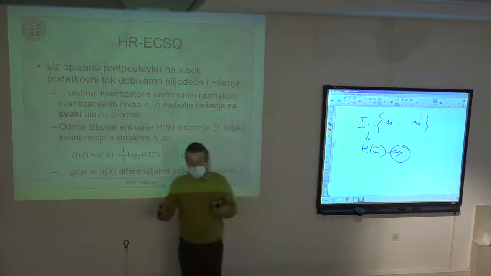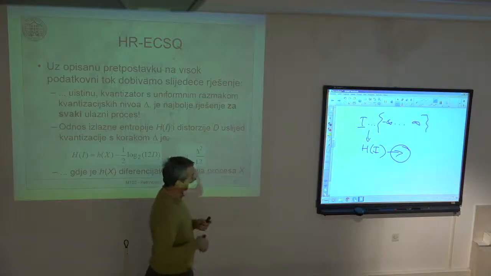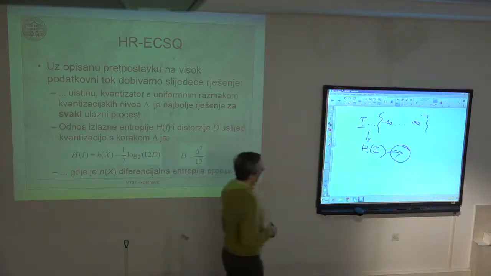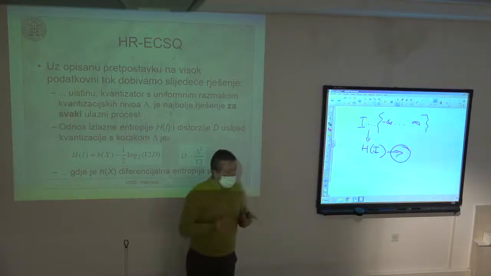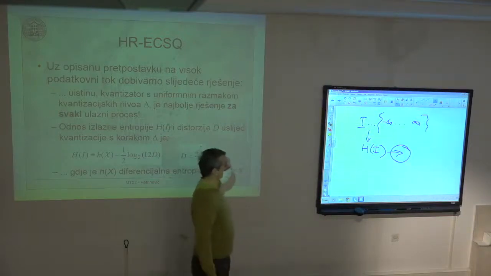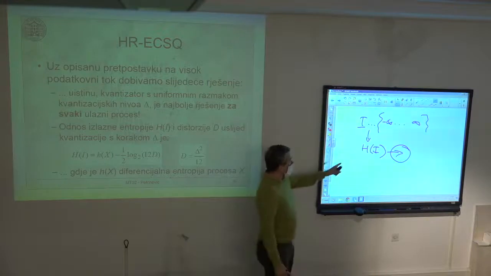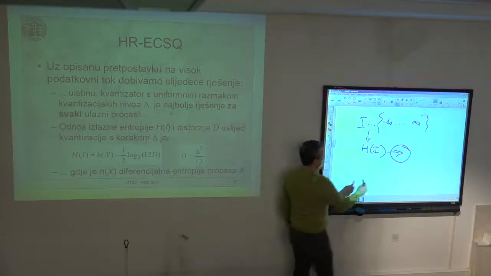In the two-dimensional case, it's a kind of regular lattice, a rectangular lattice or hexagonal lattice or whatever. You have some regular lattice. And then what you do, you have these indices corresponding to cell positions or to cell identification. And these indices are then entropy coded, and you get the output entropy.